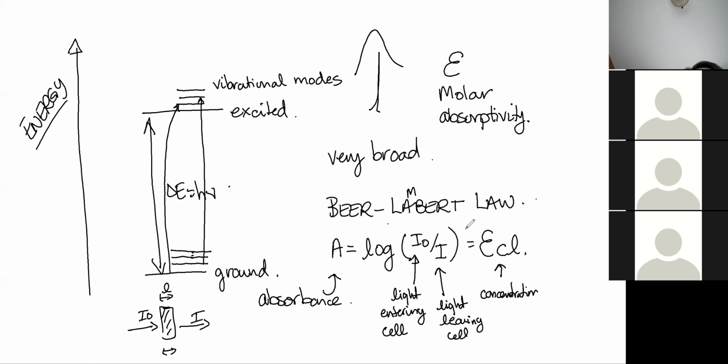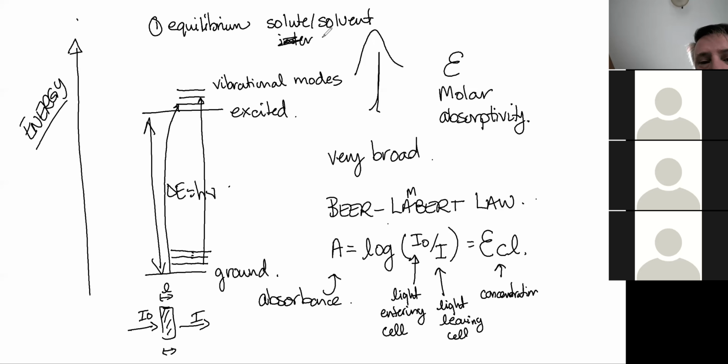It's obeyed pretty rigorously under a number of different situations. The times when it's not obeyed is if there's some sort of equilibrium process taking place, or complexes, I guess would be the better word.